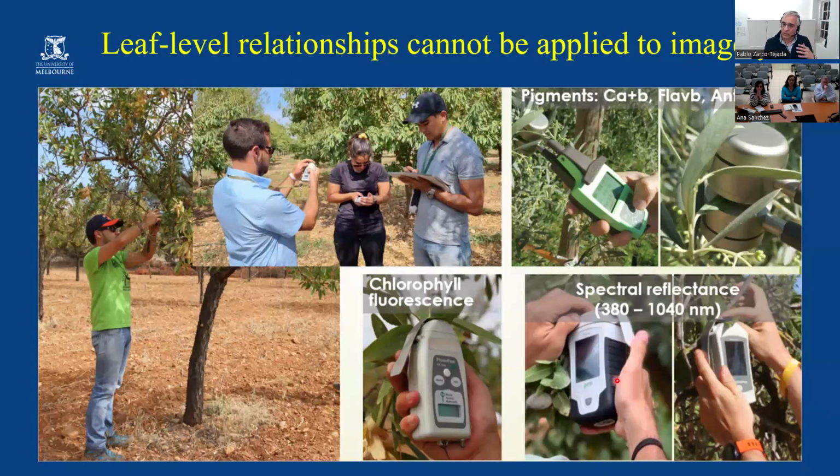Why is that? Because a leaf is not the same as the canopy. At the leaf level, what we put inside the instrument is only the leaf. What we see from the images is not leaves, it's the arrangement of leaves, and the actual structure and architecture of the canopy.